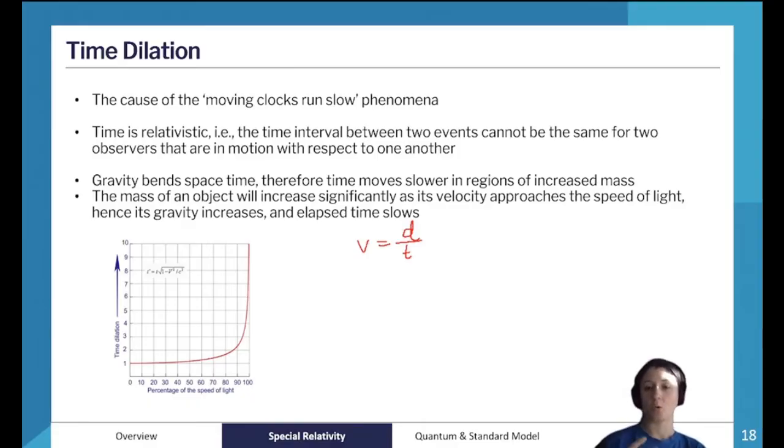So we'll get into more of that later on as well when we're explaining some more of the paradoxes, but that is the essentiality of it, all right? Because the velocity has to stay the same, the distance and the time will change.